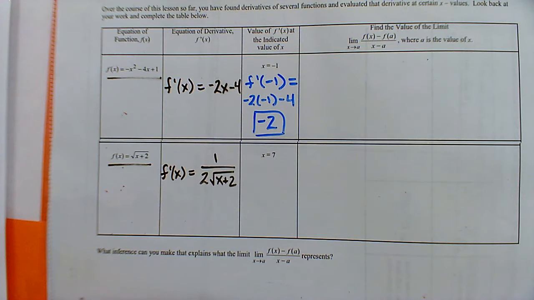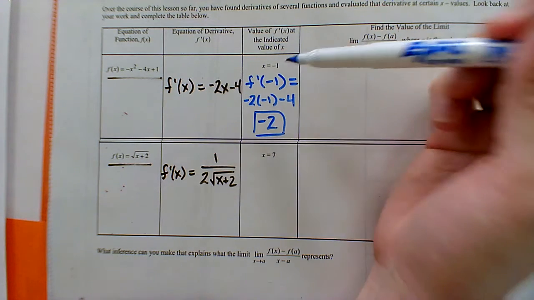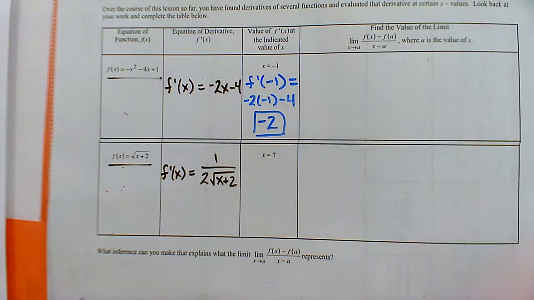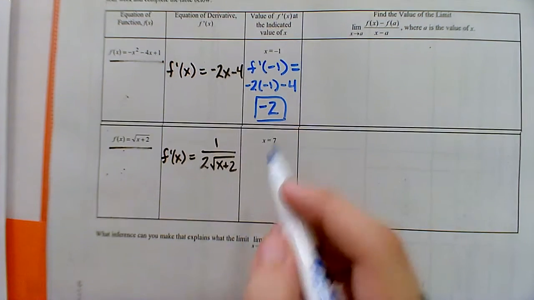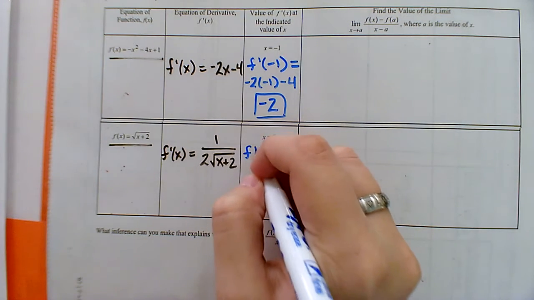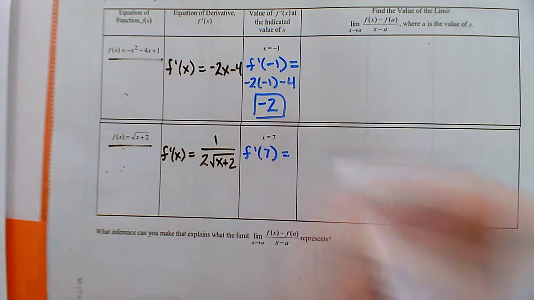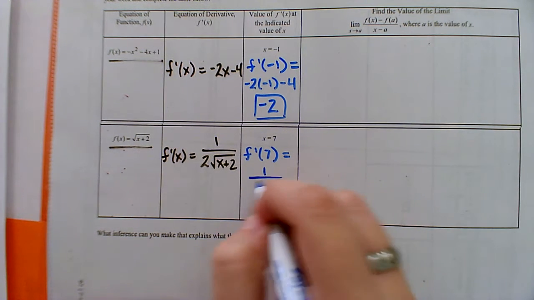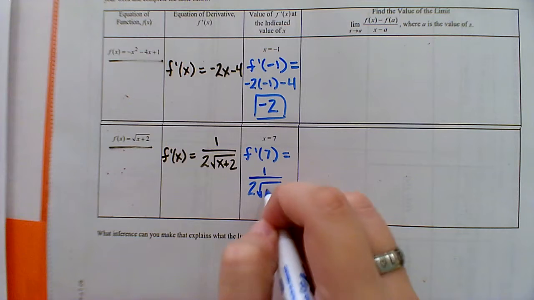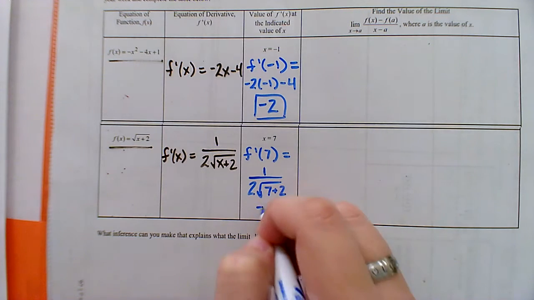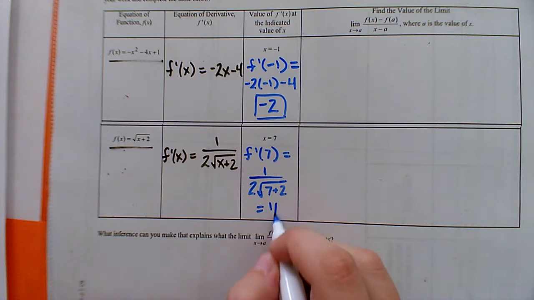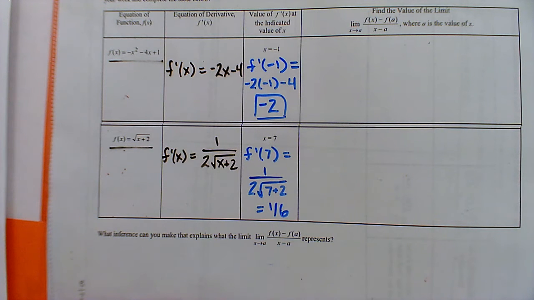We get negative 2. Okay, so graphically speaking, at this x location, the slope of the tangent line is negative 2. Your line's kind of going down, aka slope is negative. Let's check out the other one over here. If you were to plug in 7 into this derivative for the square root, we would have 1/6. Is that right?